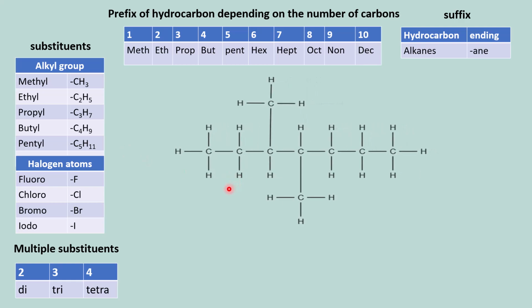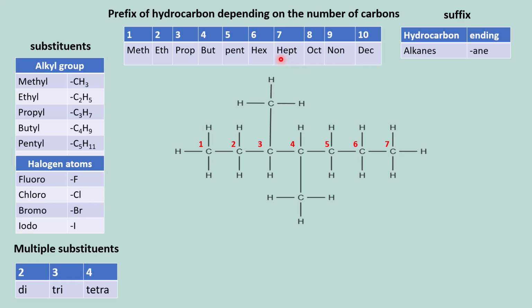How many carbons do we have in the longest continuous chain? And actually, what is the longest continuous chain here? Let me number it and you see if you were able to get it. So this is actually the longest continuous chain. So we have 7 carbons in the longest continuous chain. And if the carbons are 7, what will be the parent, the name of the parent chain? 7 carbons.